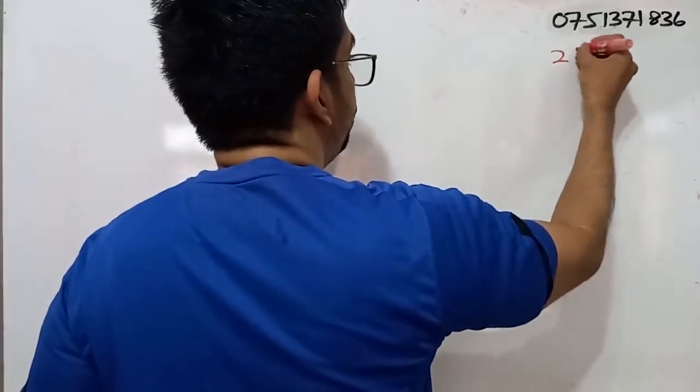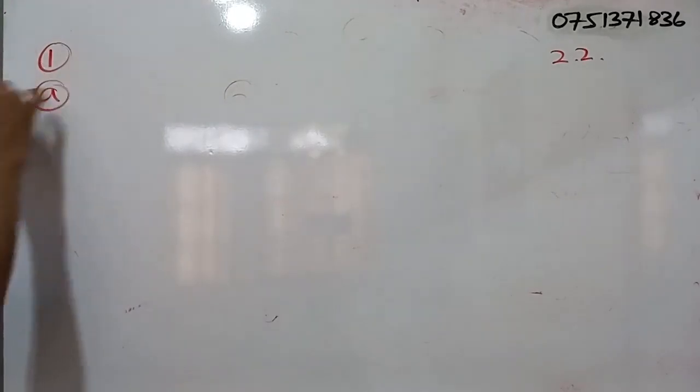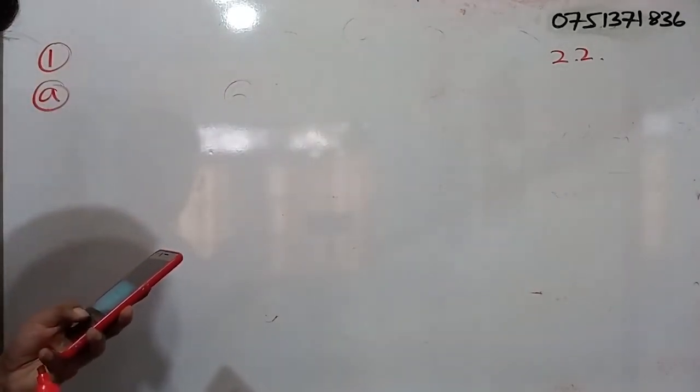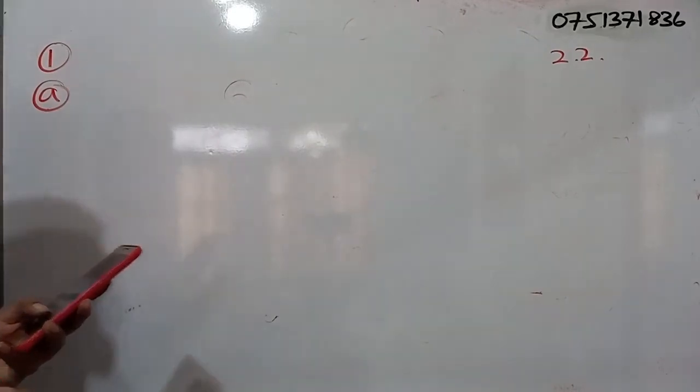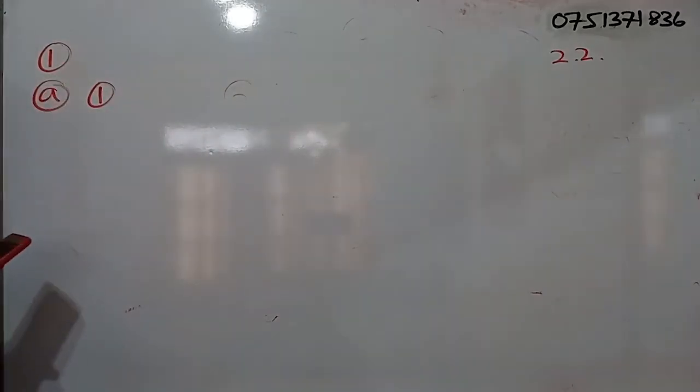Exercise 2.2. Question number 1. Part A. Express each of the following sets by writing all the elements of each set within curly brackets. Okay. So under part A, part 1, A equals within brackets days of the week. So what are the elements?